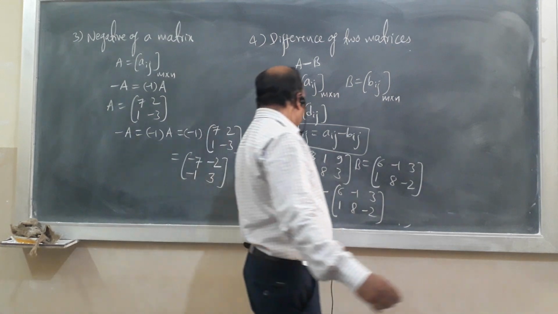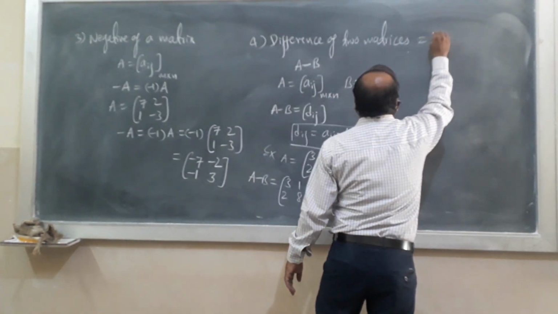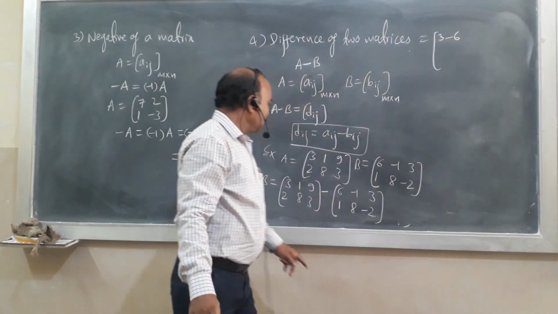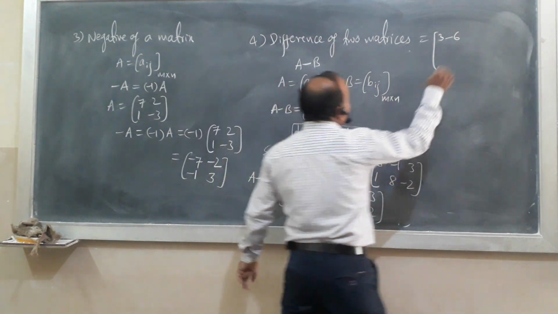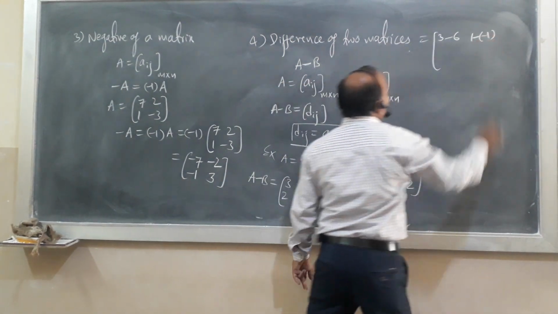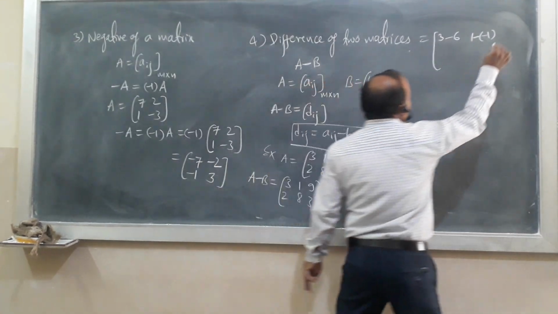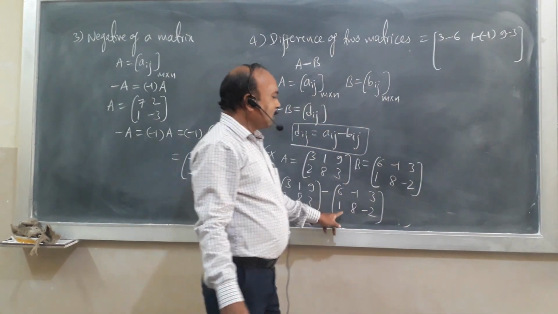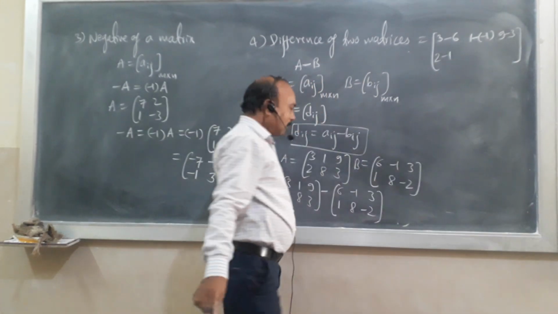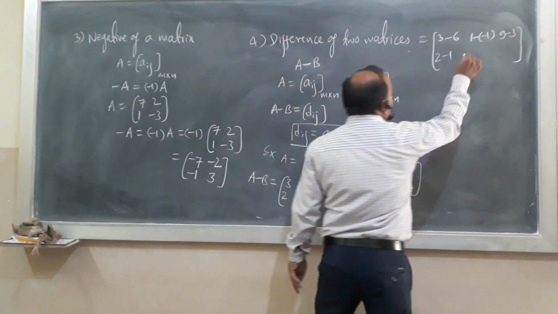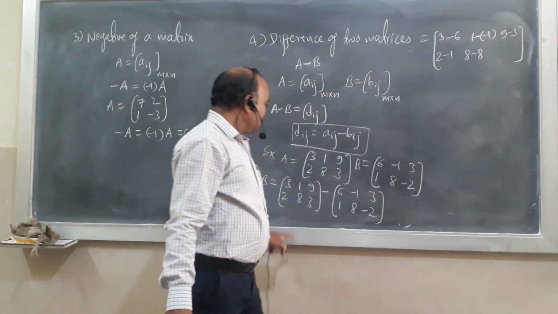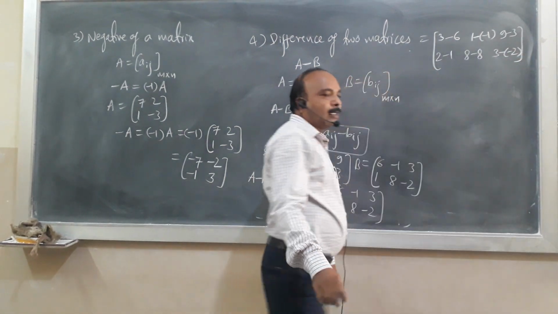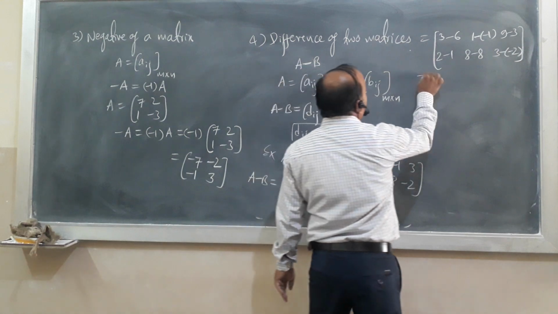This will be simplified like this: 3 minus 6, next 1 minus of minus 1, next 9 minus 3, similarly 2 minus 1, 8 minus 8, and 3 minus of minus 2. It is the difference. Now we simplify.